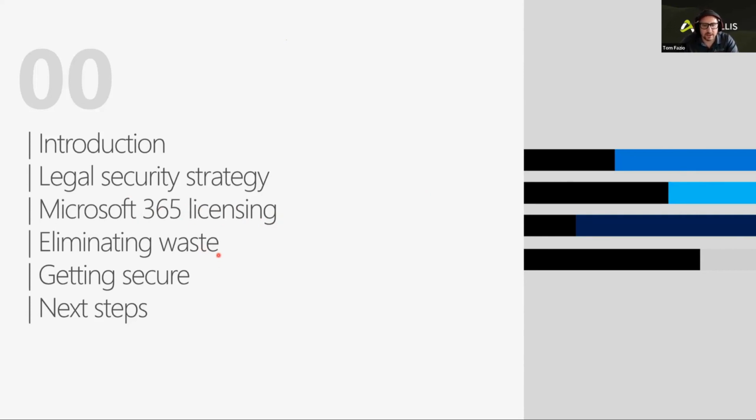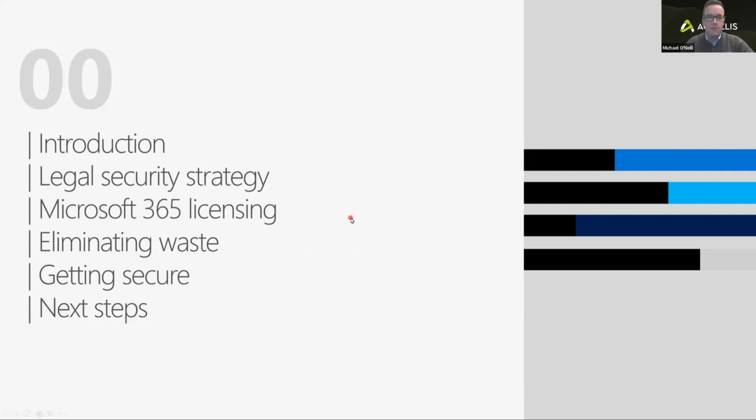Usually, they have a basic license or an E3 license, and we're going to show you how to eliminate some waste. Maybe you have some other tools in your stack that you can get rid of because you can use the Microsoft licensing. And then finally, we're going to get you more secure using those licenses and the tools that are in there. We're going to tell you how we can improve your security posture big time.